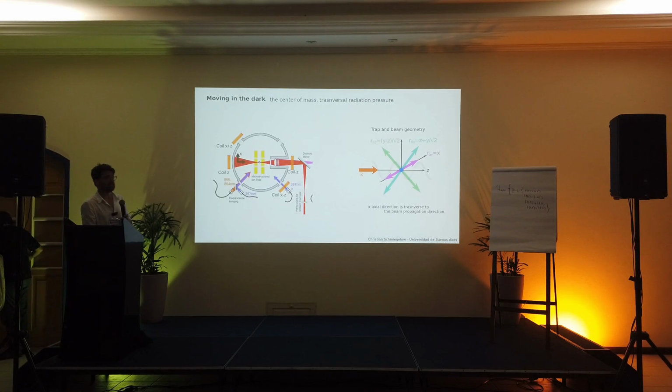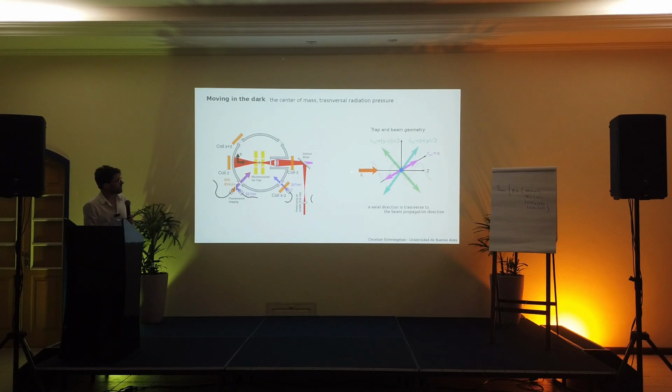In this case, the setup was done in such a way that the beam impinging on the ion comes with some projection on these 2 directions, which we call radial directions, and at 90 degrees, so orthonormal, with no projection onto what we call the axial direction, which is along this axis. This will be important in a second.